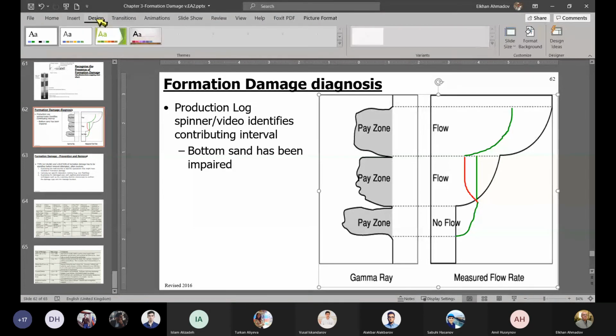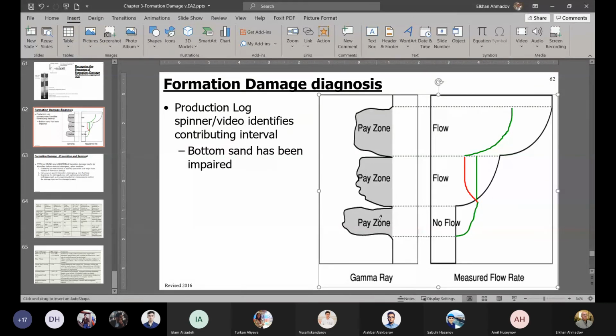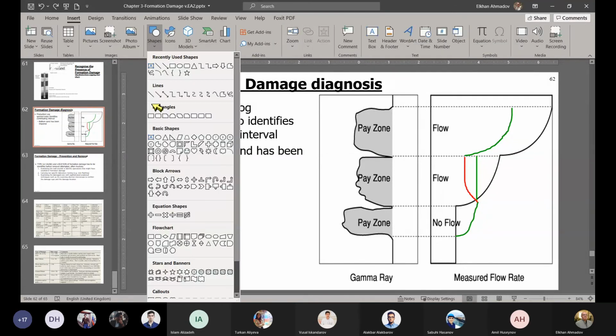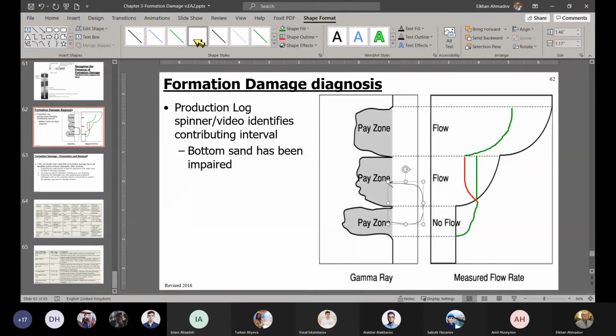Crossflow is when you have different pressure regimes, and if this zone has a higher pressure, it may partially, depending on the pressure difference, go through these perforations into this zone. That's called cross flow.